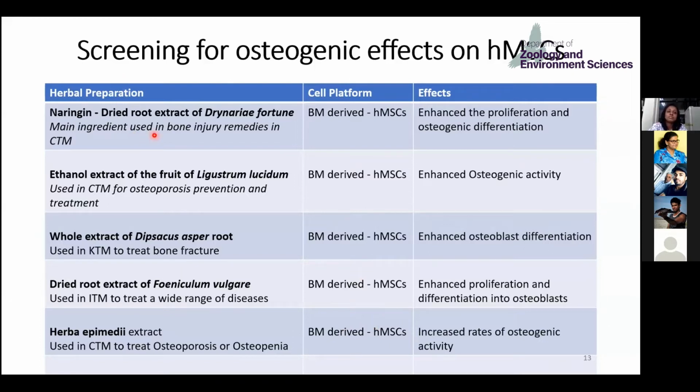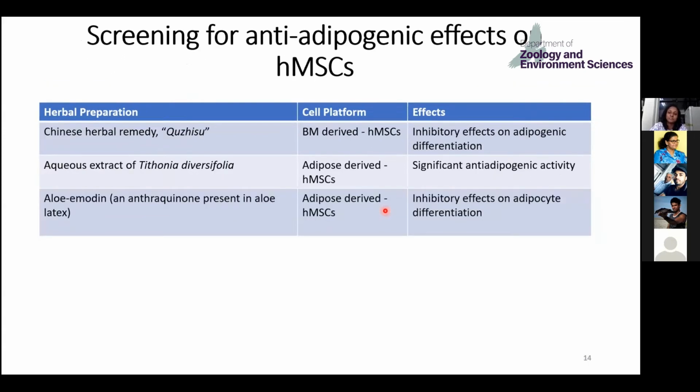They have used different herbal preparations or extracts from different traditional medicine systems. This one is from Chinese traditional medicine, and this one is from Korean traditional medicine. This root extract is from Iranian traditional medicine. So there is a global trend of using herbal remedies or their derived compounds as stem cell stimulants for osteogenetic effects.